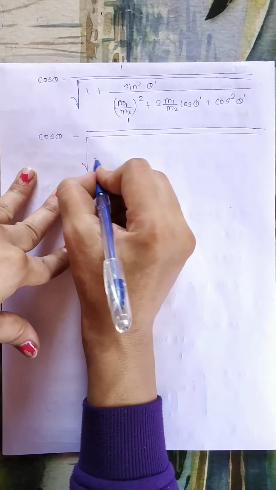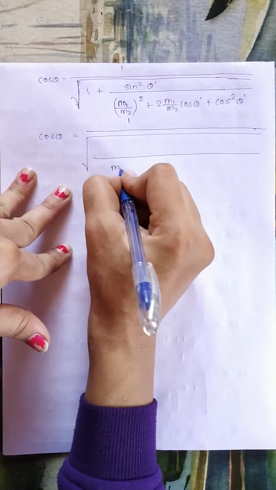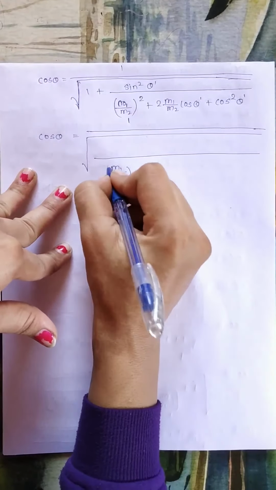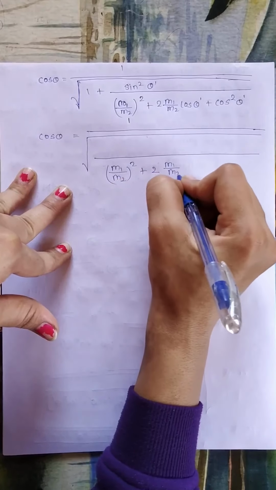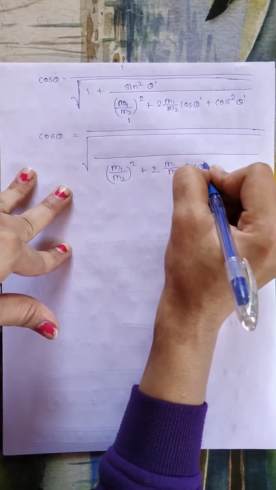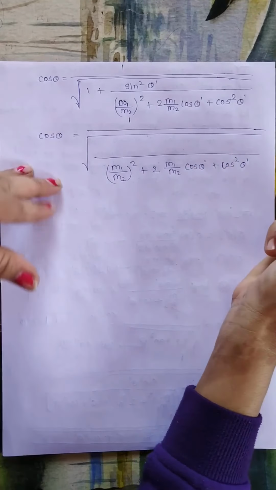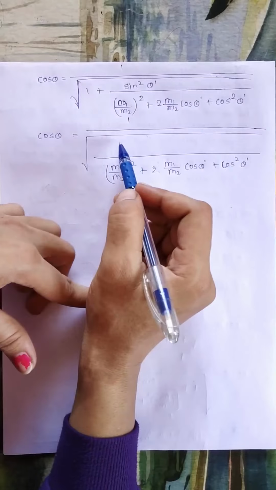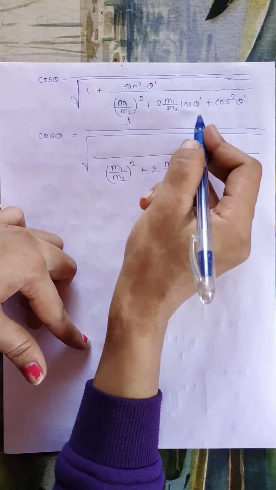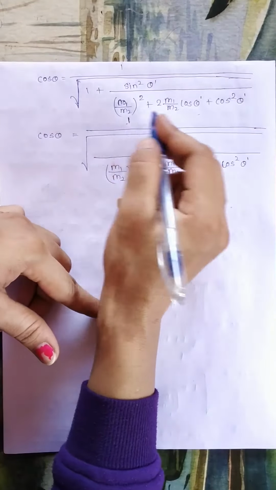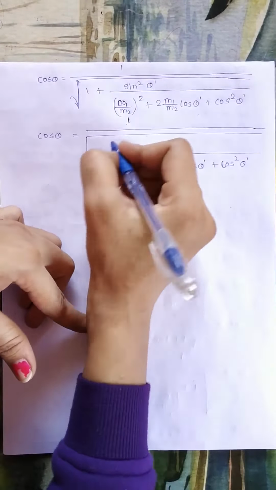Now the denominator we make same by rationalization, which is (m1 upon m2) square plus 2 m1 upon m2 cos theta dash plus cos square theta dash. And on the numerator of this root we will get this term plus sin square theta, because we made the denominator same, we can do addition of numerator.